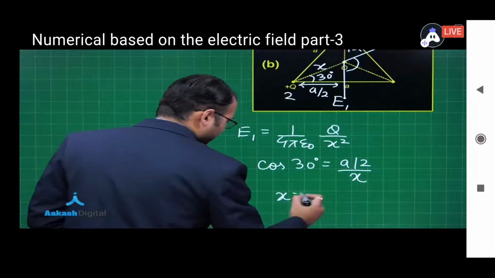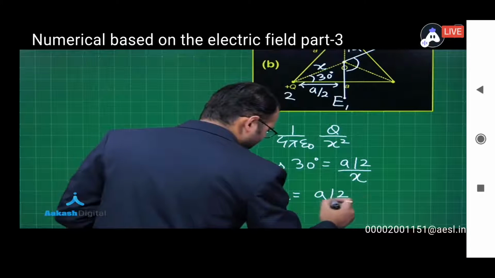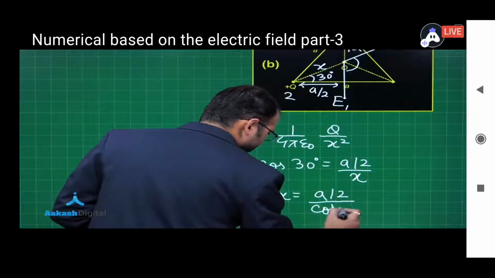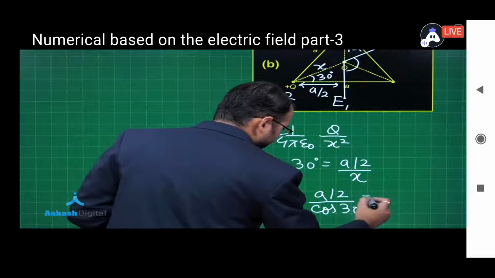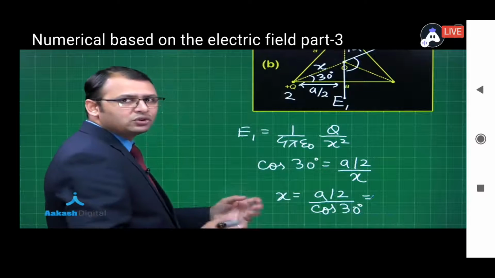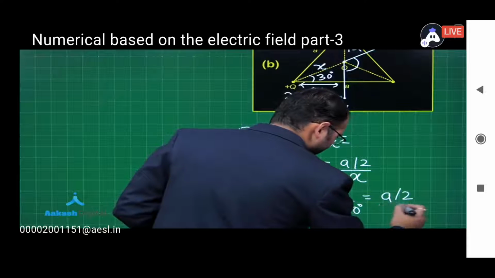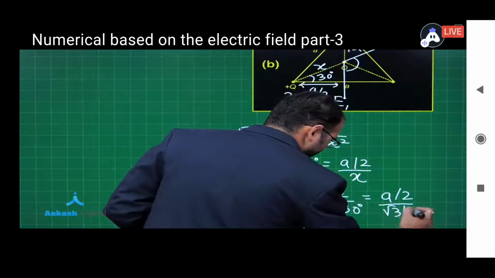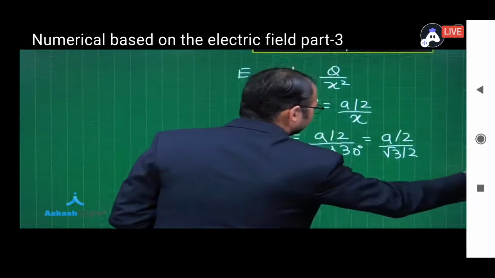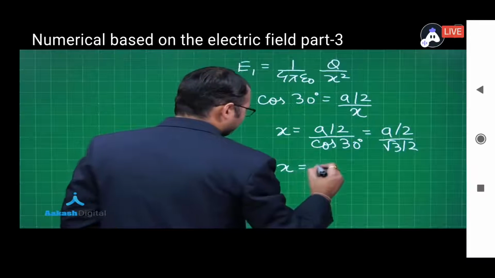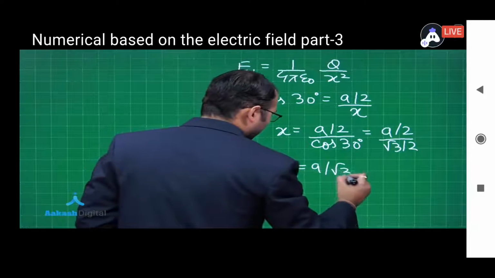So x would be A by 2 divided by cos of 30. Now what's the value of cos 30? That is root 3 by 2. So it will go A by 2 divided by root 3 by 2. Solving this one, you will get x as A upon root 3.